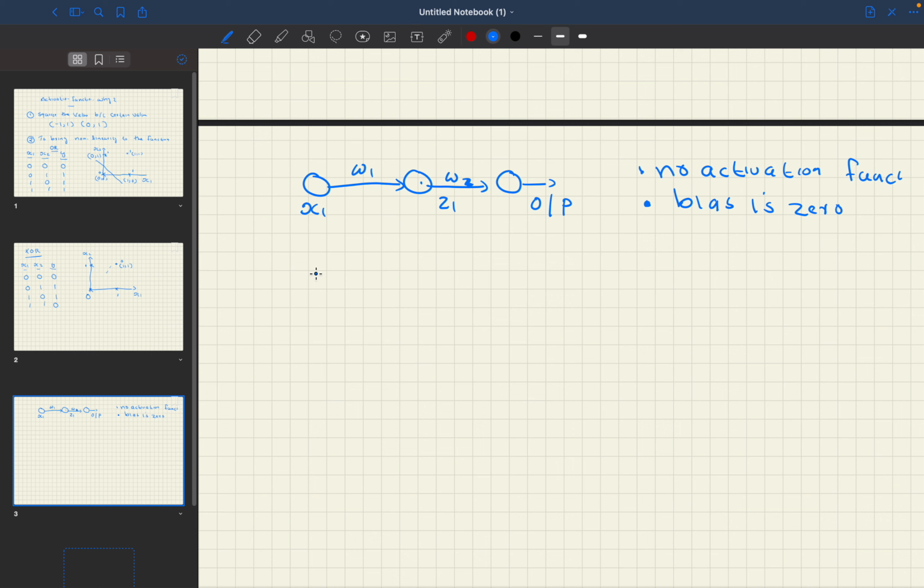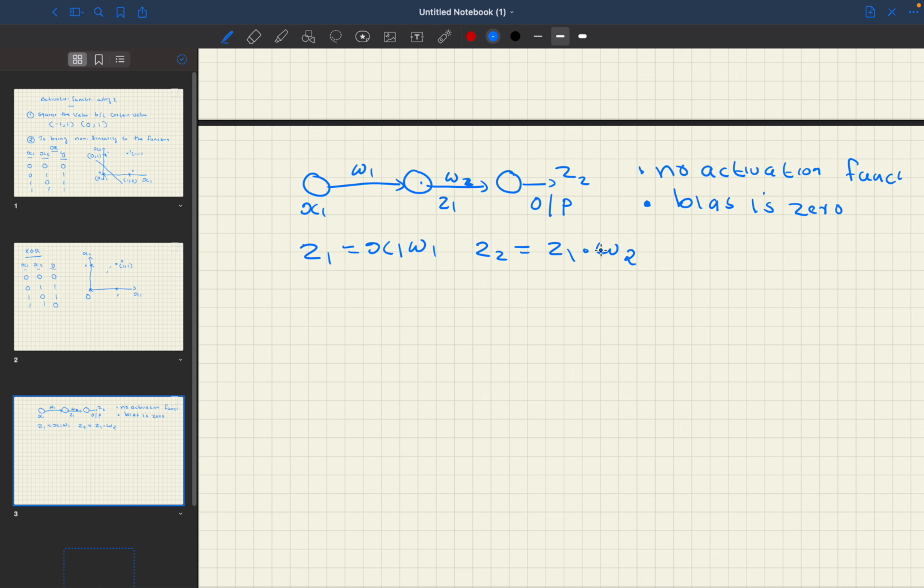Consider this scenario. Now, what is the result here? The output can be Z2. So what will be Z1? Here we can say that Z1 is equal to X1 W1. And Z2 will be Z1 into W2.